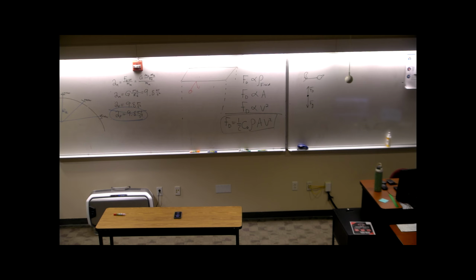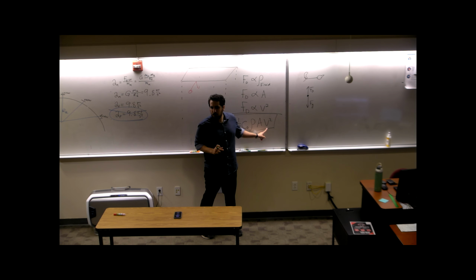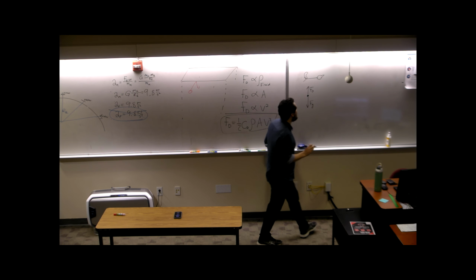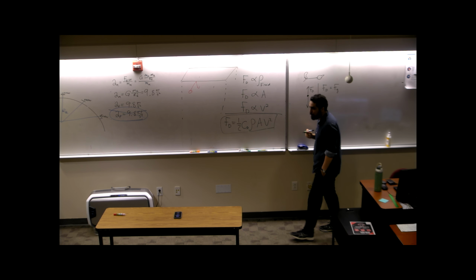But as the squirrel falls further and further, the drag force increases because the squirrel is speeding up, until the point where the drag force becomes equal to the force of gravity.